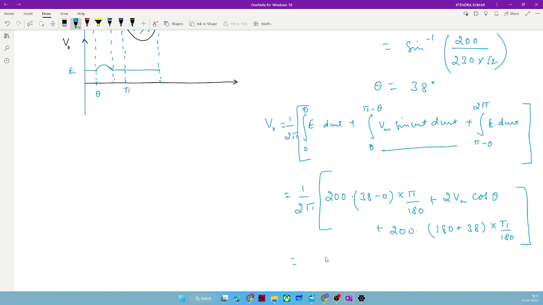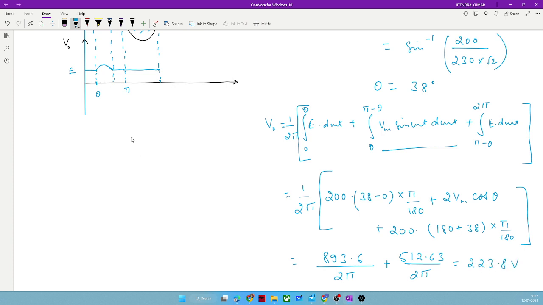So this E term has the component of 893 by 6, sorry, 0.6 by 2 pi plus this 2 Vm cos theta, that is cos 38 into 2 into 230 into 2, that is 512.63 by 2 pi, 893 by 6, divided by, it is 223.8 volt.